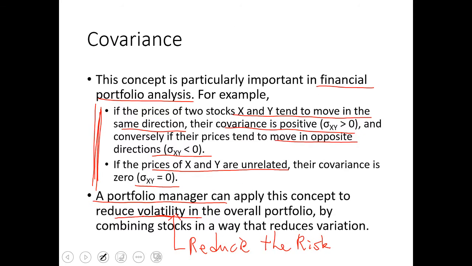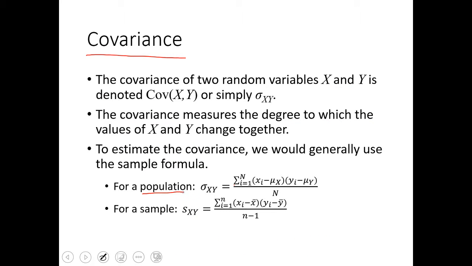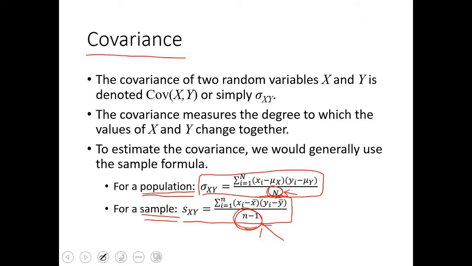Covariance is also divided into population covariance and sample covariance. In the population covariance case, the denominator is the number of samples, but in the sample case, the denominator is n-1. So be careful. The population covariance is like this, and the sample covariance is like that.